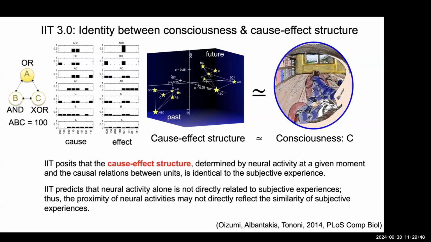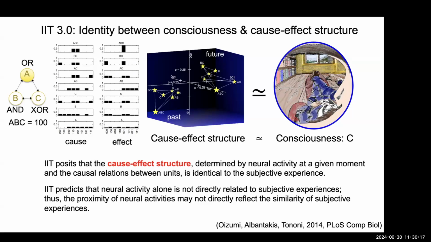So what is a cause-effect structure? Just in short, Julia will talk about that in detail, so I'll make the explanation short. The cause-effect structure is like this: given neural activity at some moment, what is the likely cause of this neural activity, and what is the likely effect given this neural activity?